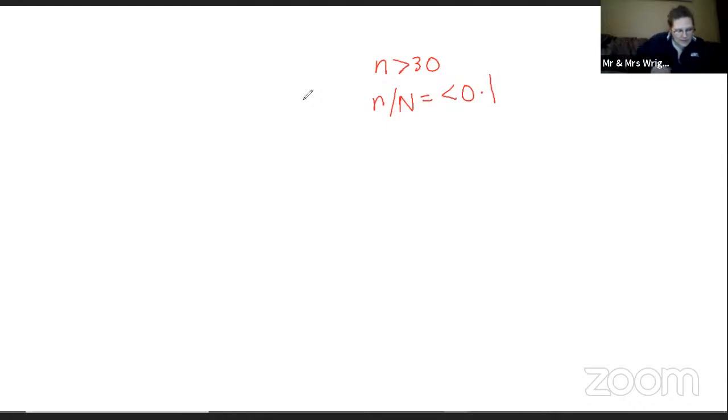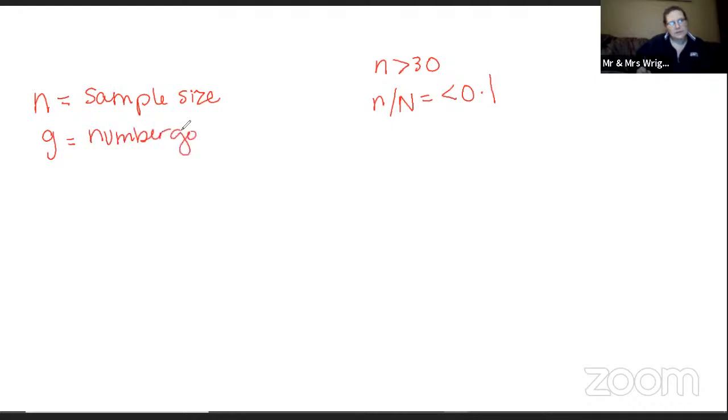And then it tells us on this page the variables you need to know. So n is the sample size, right? And G is the number of good, and N is the size of the population, capital N.